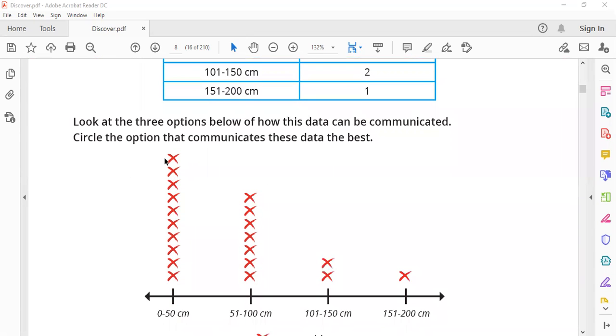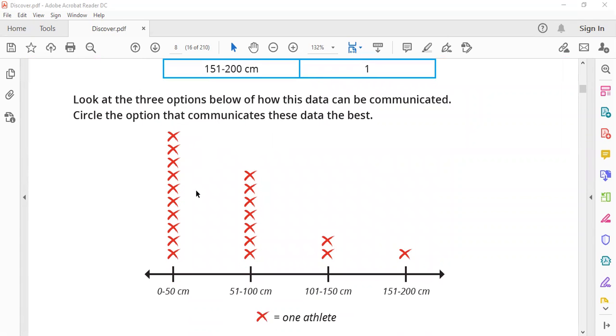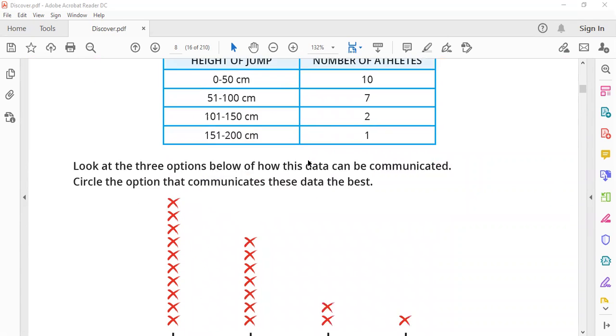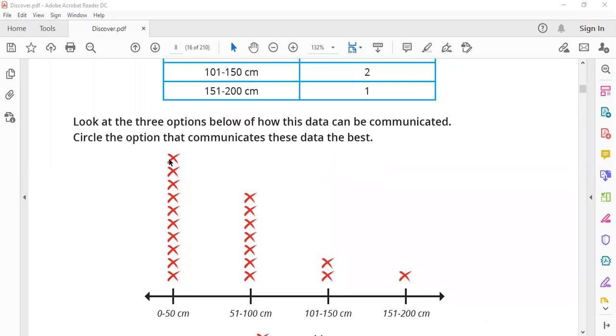Now we look at these 3 options and think which one helps us to understand, or which one communicates the data, the information, better. Here, in this range we had 10. When we count these signs, 1, 2, 3, 4, 5, 6, 7, 8, 9, 10.